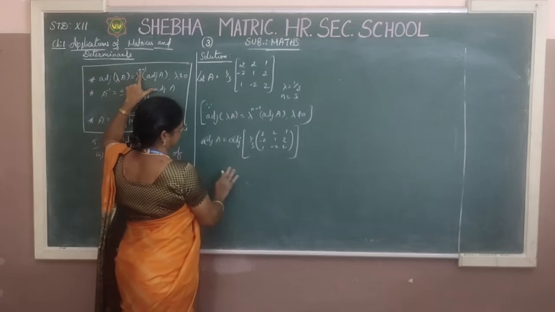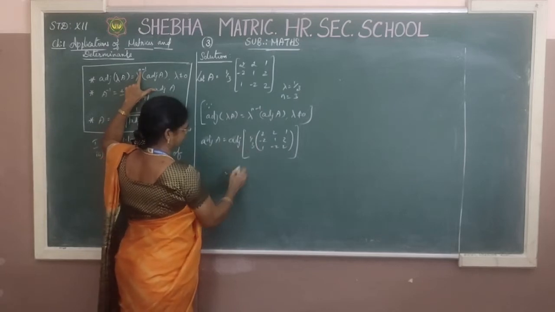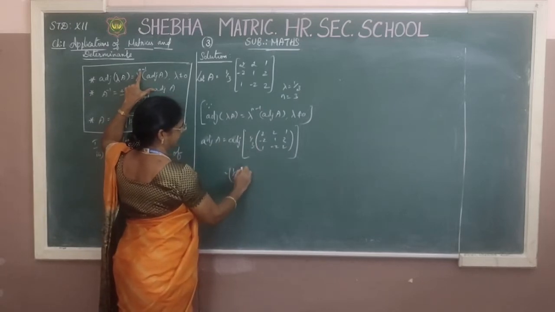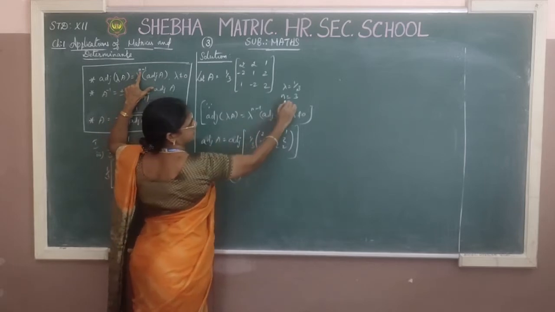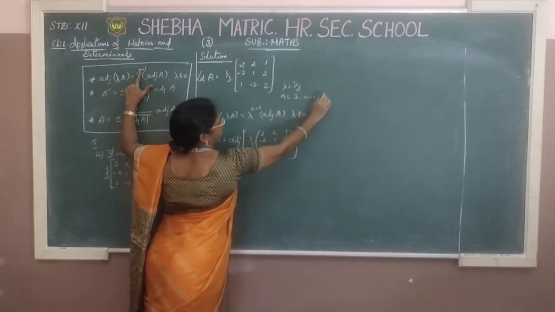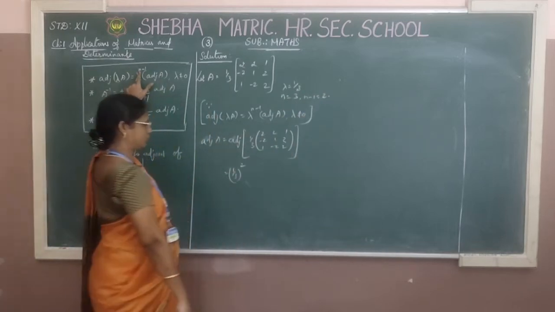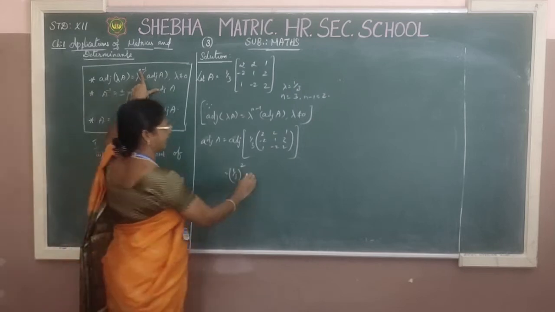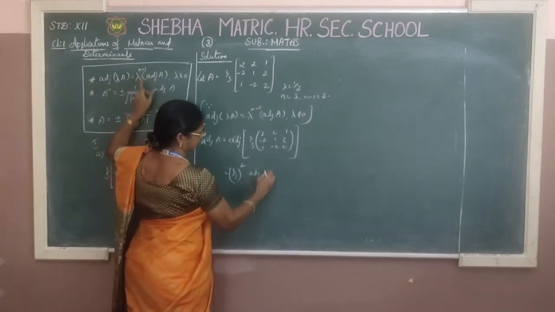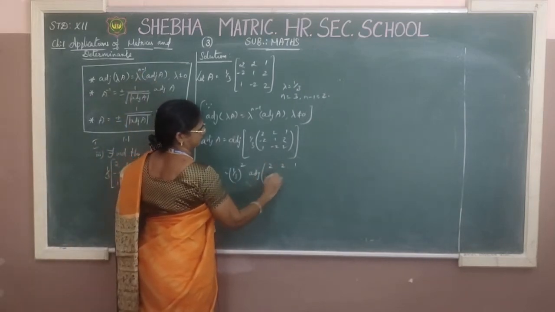So we take this 1 by 3 outside with the power n minus 1. Now n is 3, so n minus 1 is 2. First write 1 by 3 whole power 2, and then find the adjoint of the third order matrix.